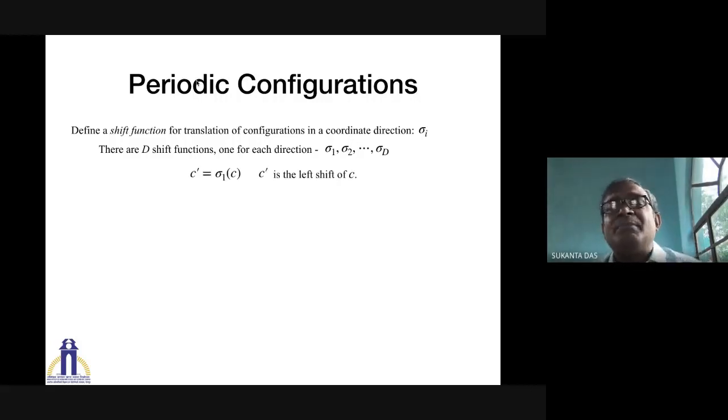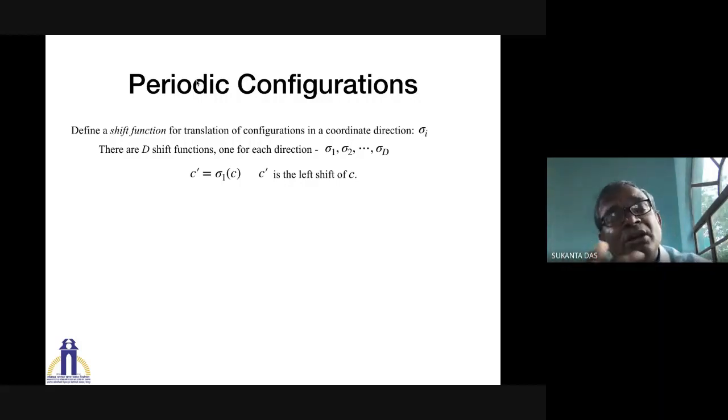Let us take an example, D equal to 1. If I write C dash equal to sigma 1 of C, what does it mean? The configuration C dash is nothing but a left shift of C. Suppose we have all 0, then 1, then all 0.